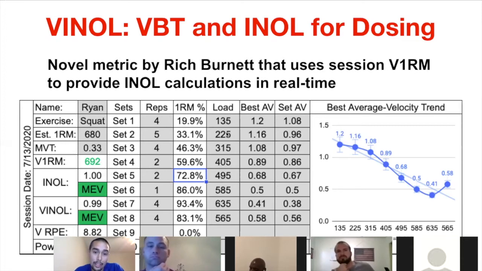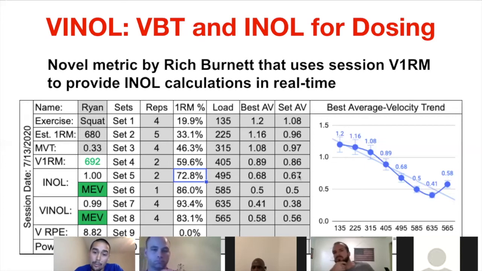And then as he goes, we're doing another set: 225, then 315, then 405, then 495. All the while we're taking both the best velocity of that set and the average of that set. The set average is being used to calculate dose. We want to know the effect on his body.